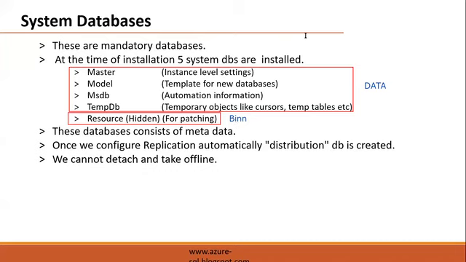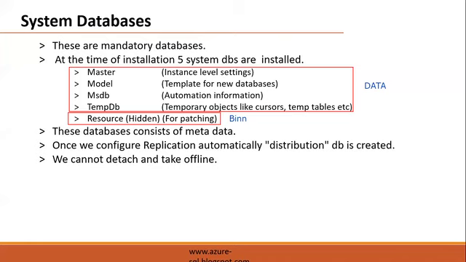Just remember, master is our main database, which is the startup database of SQL Server. Whenever we start SQL Server, it will go to master and from here it will read the startup parameters. Model is a template for new databases, which we do not work with regularly. The MSDB database is another important database, which maintains automation information.